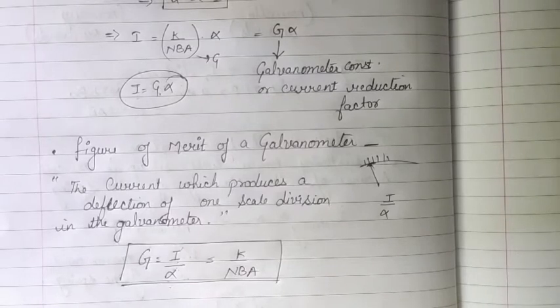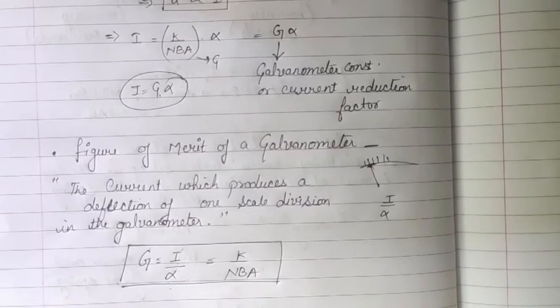After figure of merit, the next thing that we have to study is the sensitivity of a galvanometer. By the sensitivity of a galvanometer, we mean how sensitive towards the current that galvanometer is. That means a galvanometer is said to be sensitive if it shows large scale deflection even when a small current is passed through it or a small voltage is applied across it.